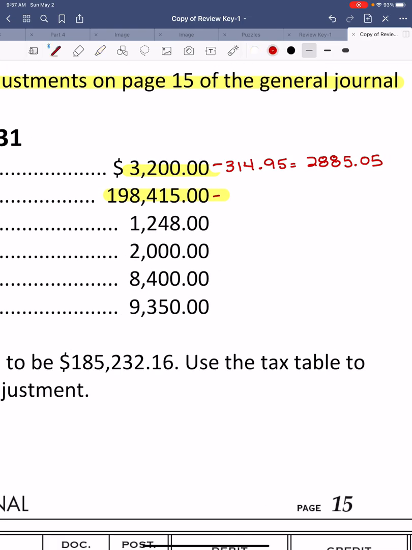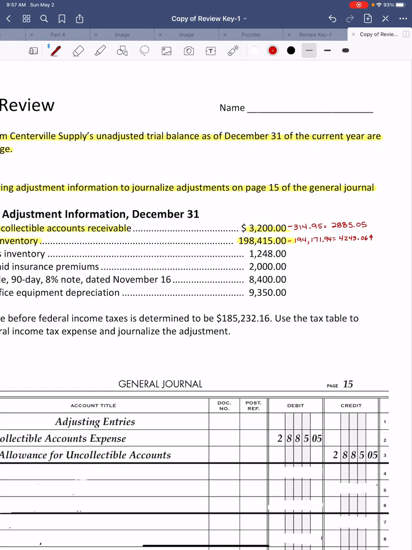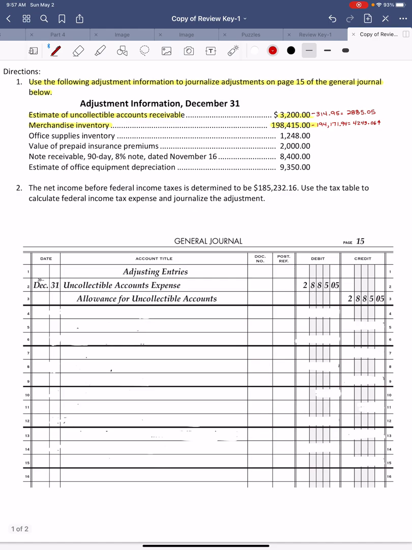So we'll take minus $194,171.94 from our unadjusted trial balance, and we will come up with a difference of $4,243.06, and you can see that it has gone up from our unadjusted trial balance, so our merchandise inventory has to go up. The 31st, merchandise inventory, we said it was going to go up. It's an asset, so we have to debit it. And income summary will be credited.